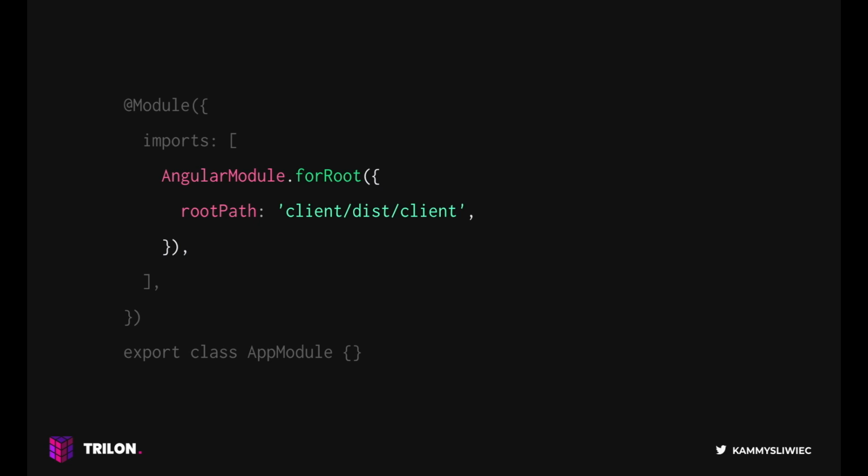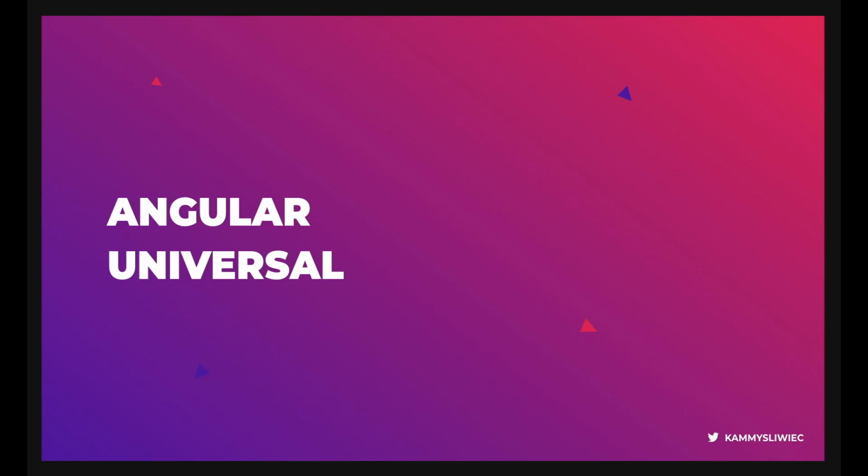Another thing, Angular Universal. A normal Angular application executes in the browser, rendering pages in response to user actions. Angular Universal executes on the server, generating a static application that later gets bootstrapped on the client.